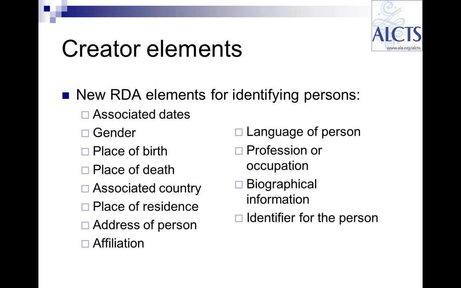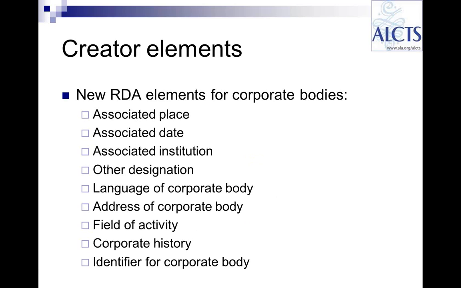We've now been approved to use the 678 field for recording a brief biographical note, as well as identifiers. Switching over to corporate bodies, again, places, locations, associated institutions, language, corporate body, field of activity or functions. Again, the 678 for corporate histories, and then an identifier.